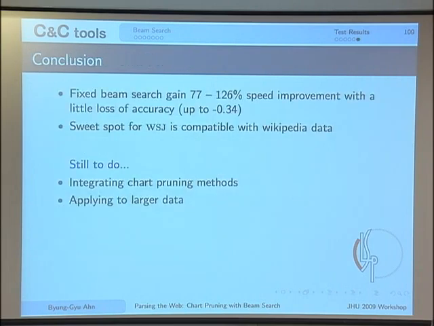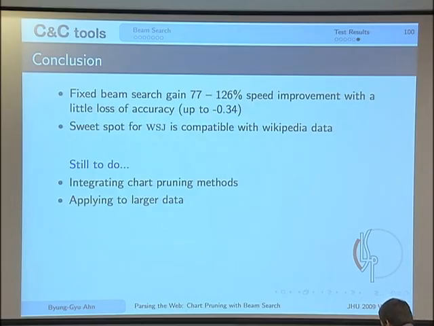So the conclusion is that fixed beam search actually worked. Fixed beam search gained 77 to 126% speed improvement with a little loss of accuracy, and sometimes with accuracy gain. And the sweet spot for Wall Street Journal is actually compatible with Wikipedia data. The same setting worked for both data sets.